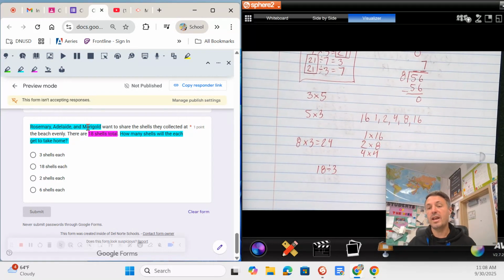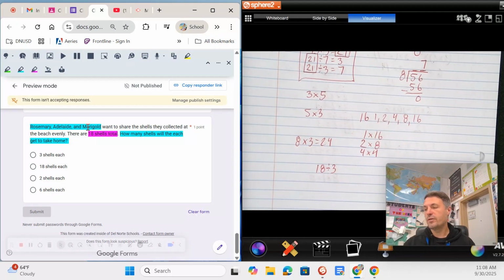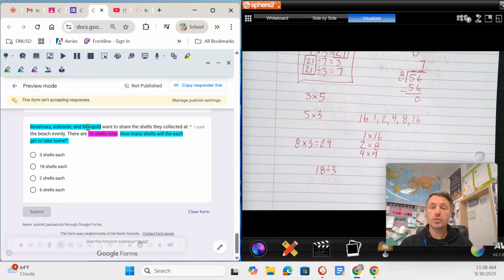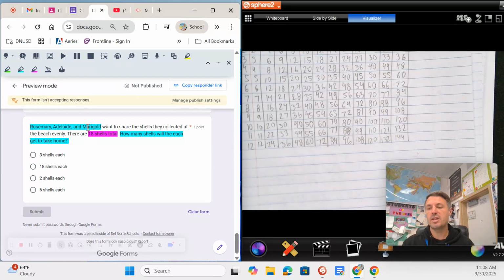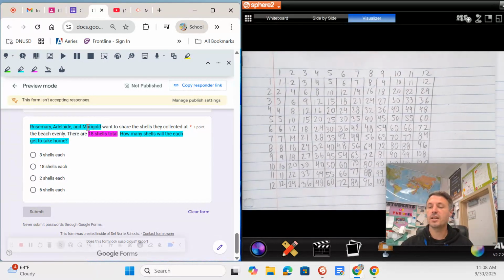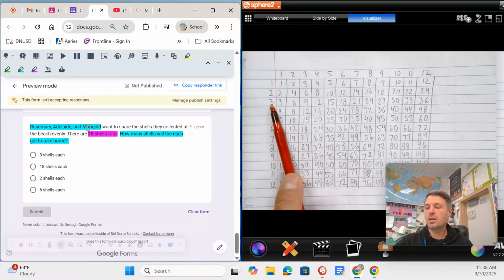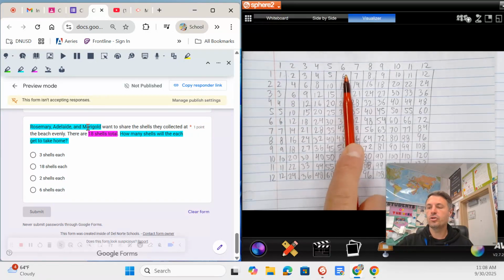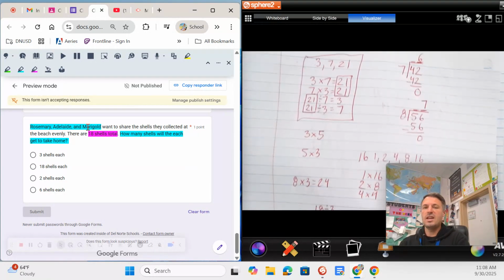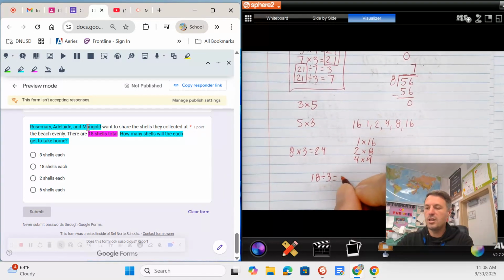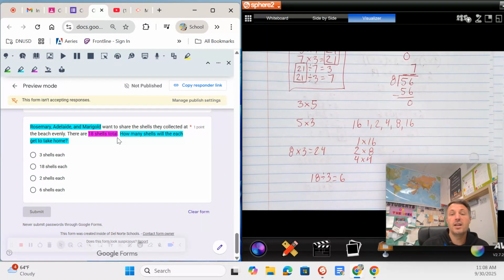So in order to know what 18 divided by 3 is, all you have to do is think what times 3 equals 18. You can look on your times table chart for that if you don't already know it's 6. You go to the 3, you go to 18, and you go straight up. It's 6. So 18 divided by 3 equals 6. So Rosemary, Adelaide, and Marigold each get to take home 6 shells. So you click on that right there, that's 6 shells each.